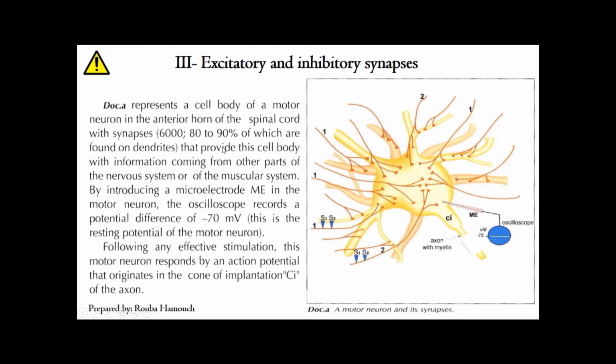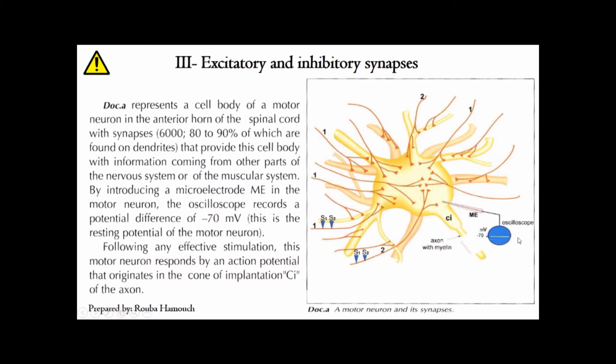These synapses provide the cell body with information coming from other parts of the nervous system or of the muscular system. Now, by introducing a microelectrode, ME, in the motor neuron, the oscilloscope records a potential difference of negative 70 millivolt.